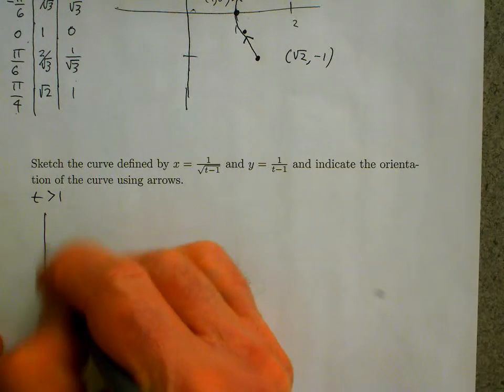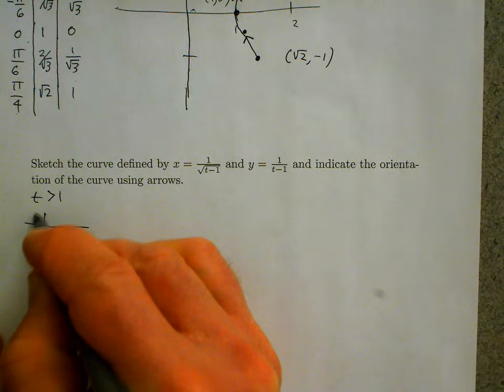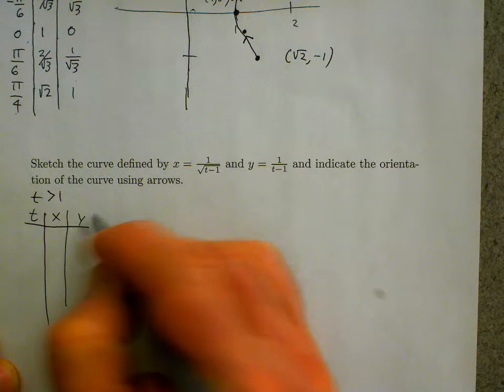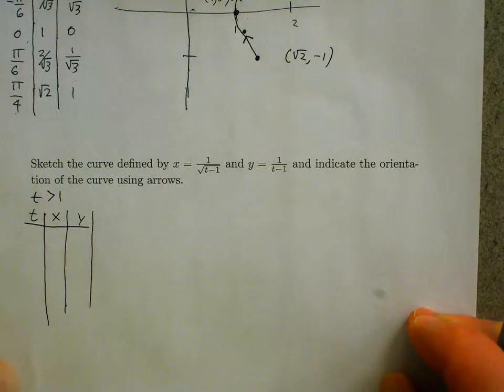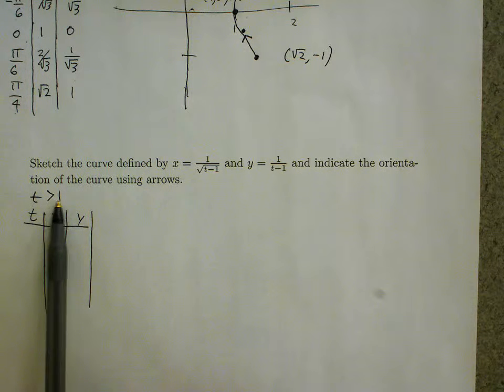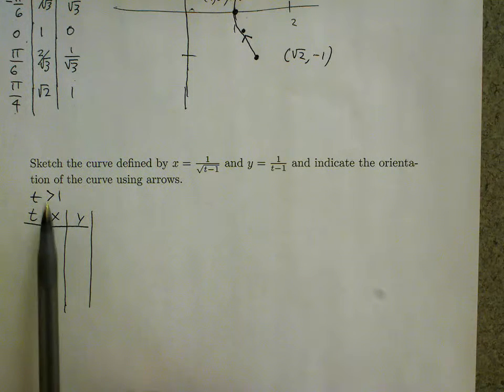So let's pick a few t values and find the corresponding x and y coordinates. So we can get as close to 1 as we want, well, in theory.